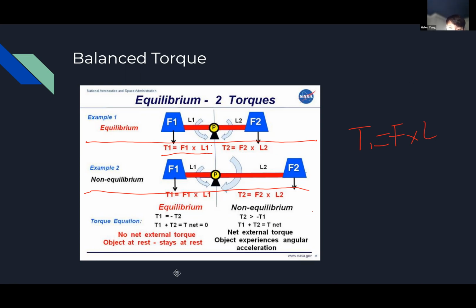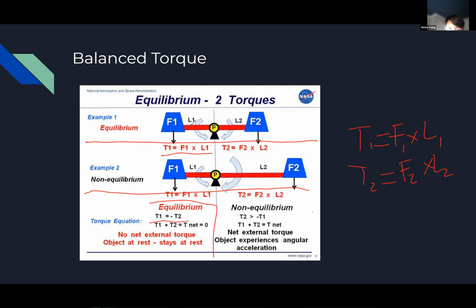So the sine of the angle would just be equal to 1. And right here, the same thing: the torque for 2 is equal to the second force times the second distance, and again it's sine 90, so it's 1. So this is equilibrium because the torques are equal and opposite.